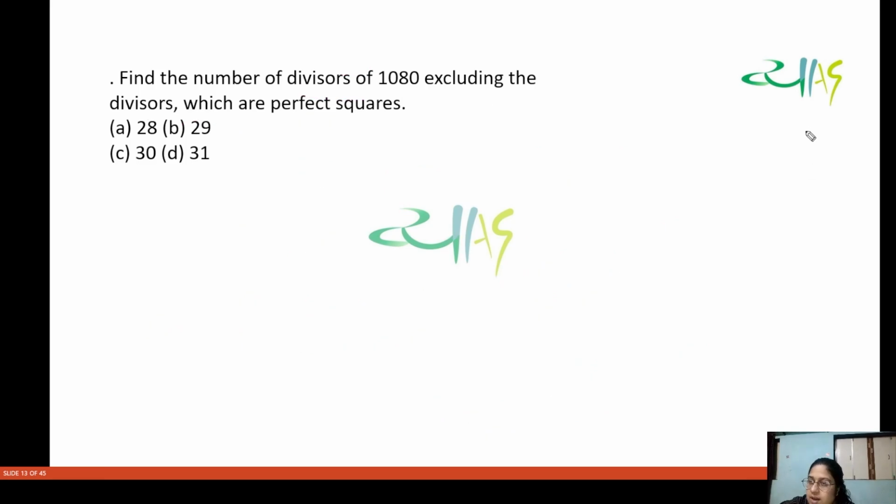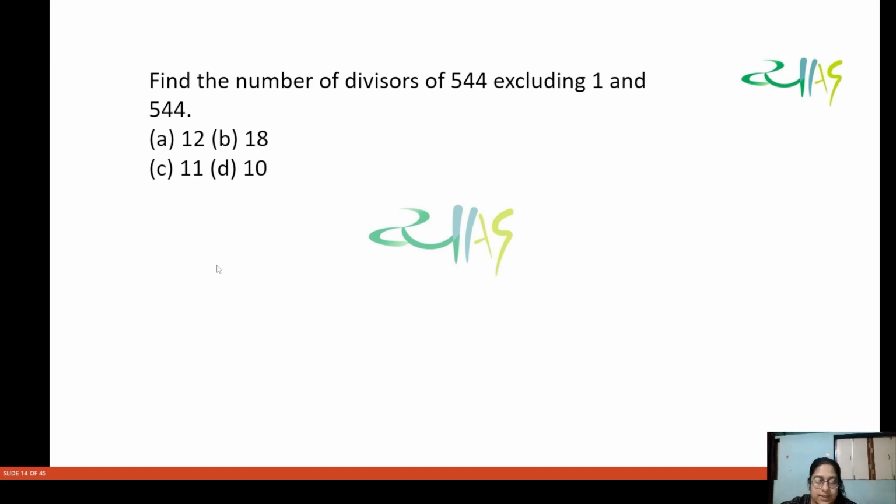UPSC asks us to play a lot with the number system, so we are doing that. Now see, it is asking find the number of divisors of 544 excluding 1 and 544. So we are going to do nothing but find the number of factors of this number and then just exclude these two numbers, just do the minus 2.